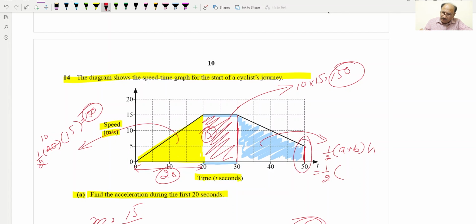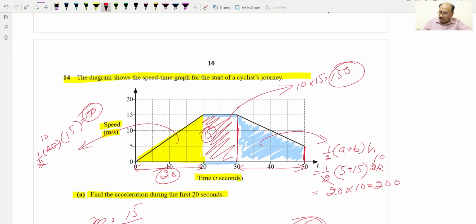So this height is 5, so we can write here 5 plus this height will be 15, and the height will be 20. So we can cancel this. This will be 10 and 20 into 10 is equal to 200.